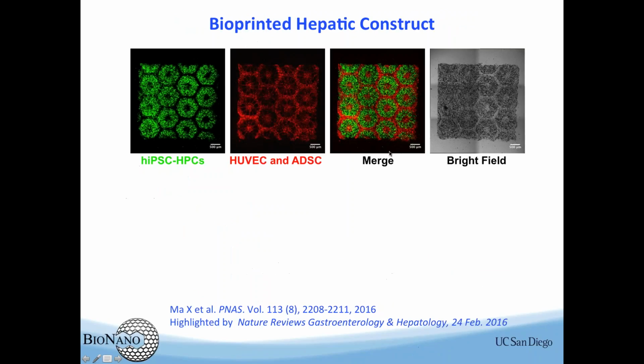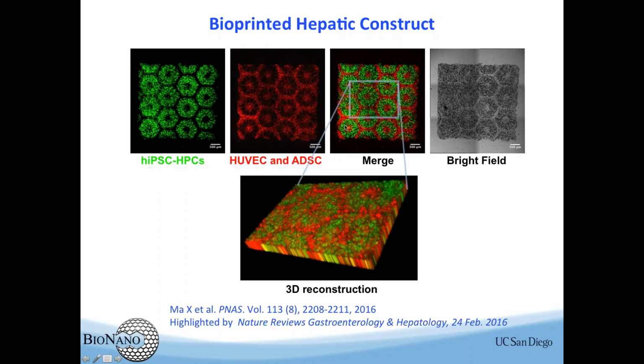Okay. So if you look at the merged pictures here, you can see this very nice, precisely defined human liver tissue model, with hepatic cells in green and HUVEC cells and adipose-derived stem cells in red in these areas. And this is actually a 3D reconstruction of the first microscope picture.